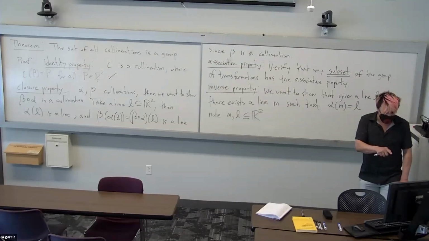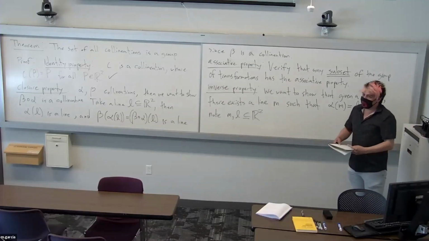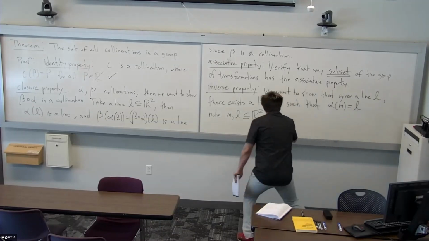Andrew, did you have a question or comment? Yeah, I'm kind of struggling to see how a line could be in R2 as opposed to a point. Are you thinking of it in vector form? So remember, let me write this. Hopefully this will clear things up.